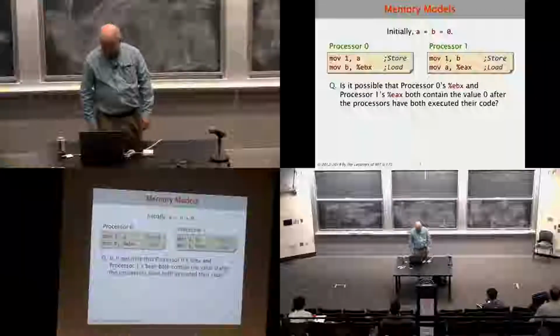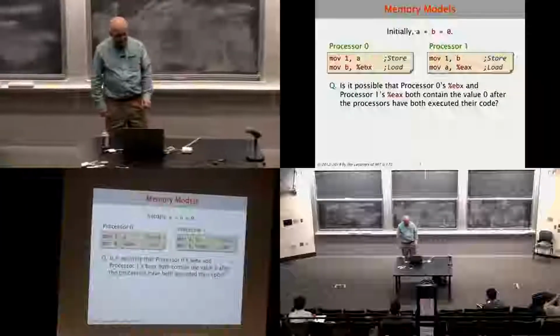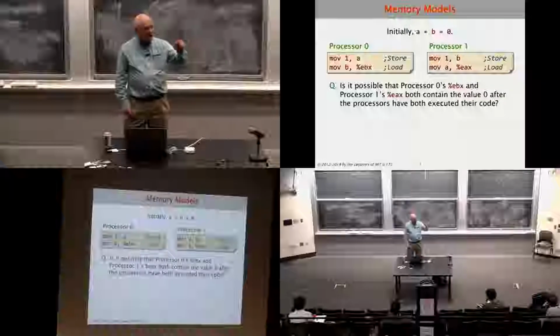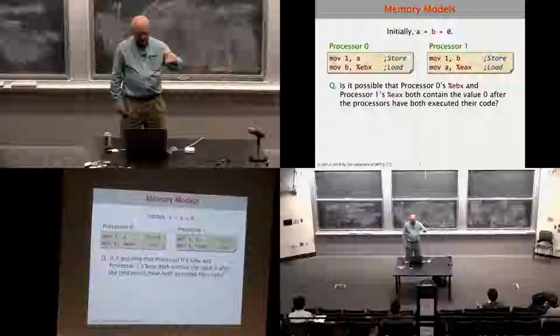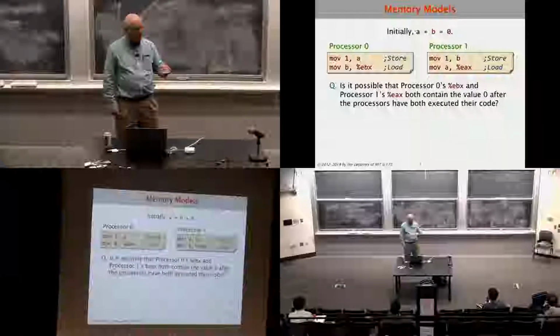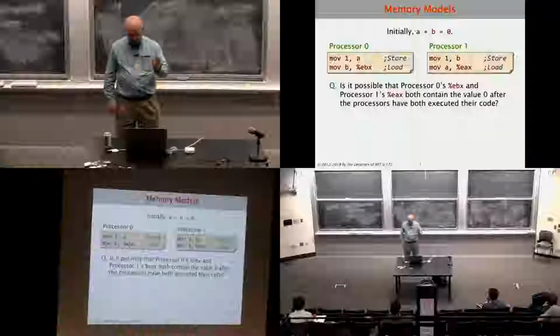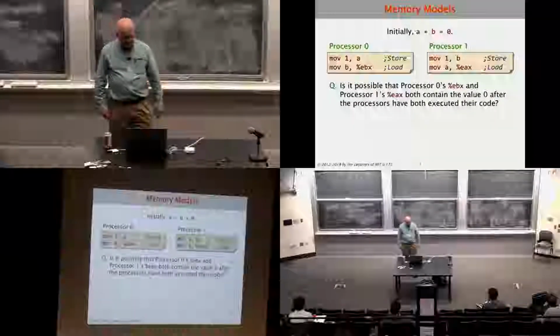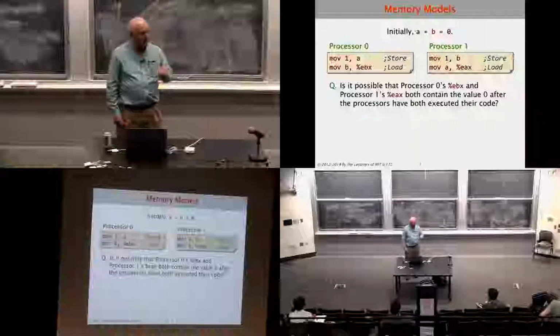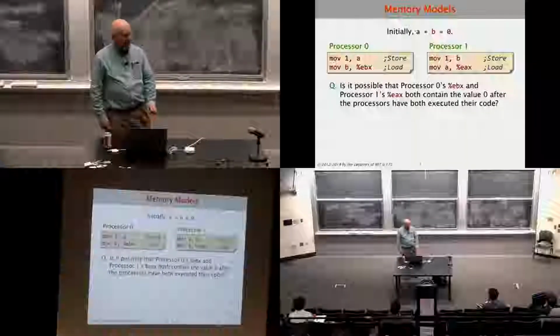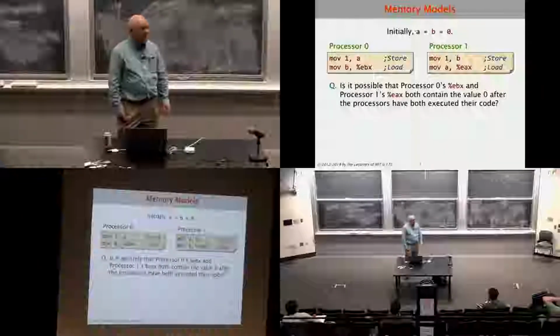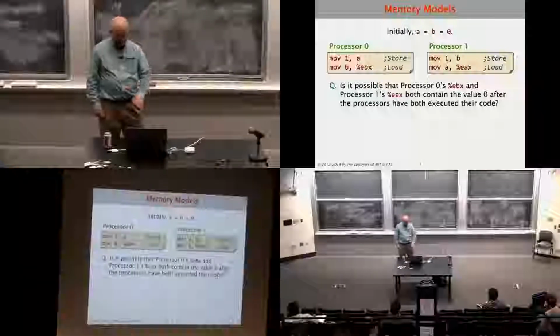Okay? The idea is that, well, if you're moving a 1 into it, you're not looking at it. It may be that one of them gets 0 and the other gets 1, but it actually turns out to depend on what's called the memory model. Okay? And it took a long time before people realized that there was actually an issue here.